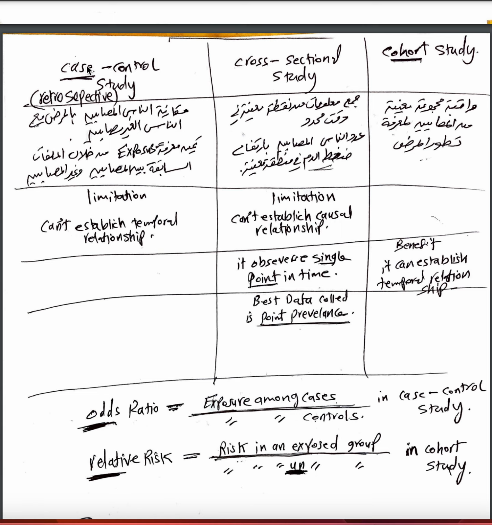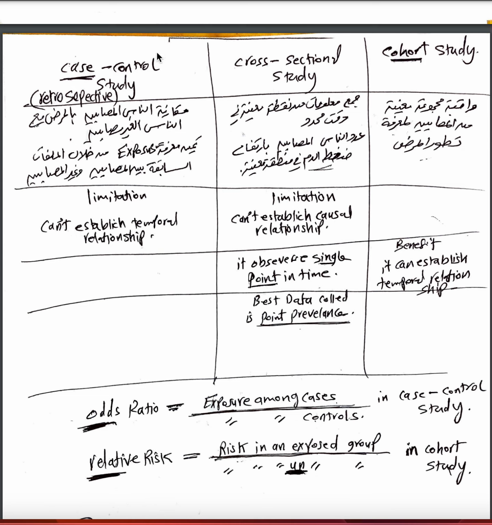We look behind, at the past records and the past history, and we make a comparison between the people who are affected by the disease and the people who are not affected by the disease, like between the patients and the control groups.